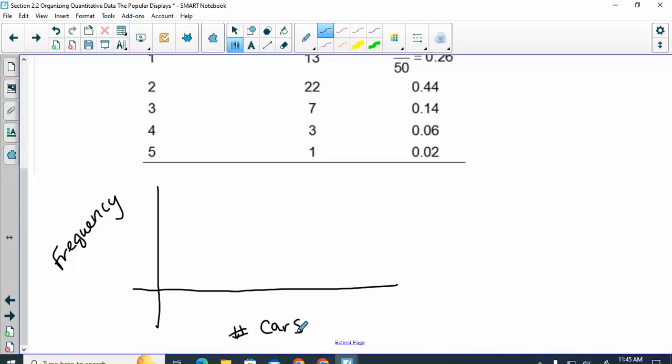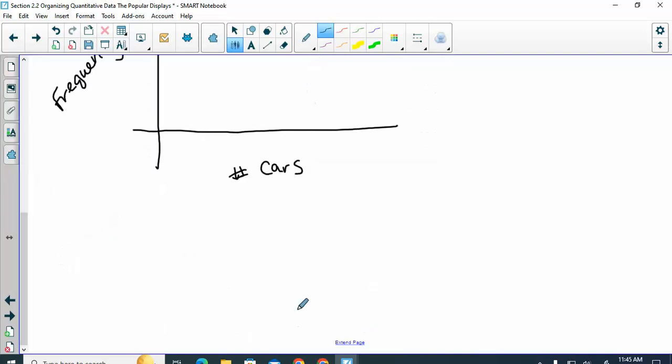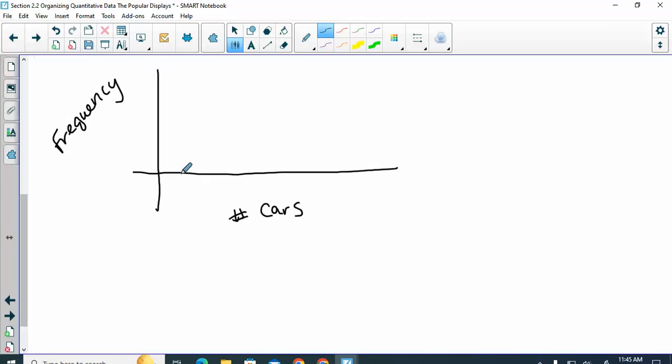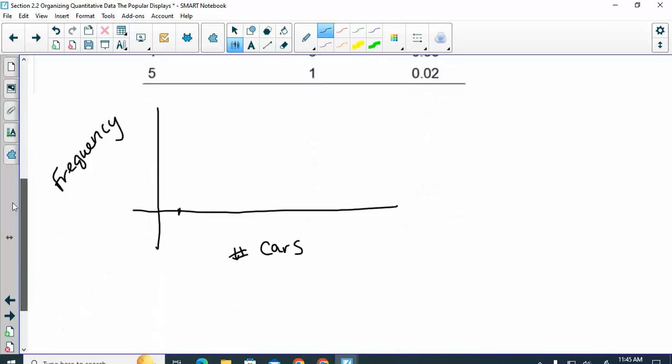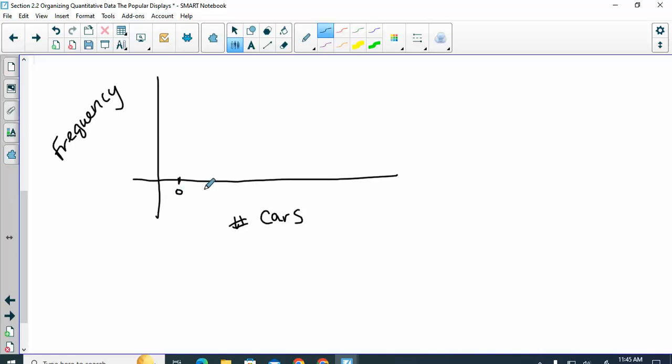We need to set this up a little bit different. When we do these histograms, typically we draw a rectangle around whatever x value. So since I need 0 to be one of my options because there was a 0 cars option, I'm going to make my first tick mark 0.